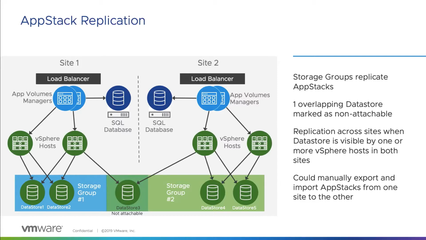When you make a change to any app stack on data store 1, that gets replicated to data store 3. The same data store 3 is also part of a storage group in site 2. If you change something in data store 4, the same change gets cascaded into data store 5 and data store 3. This way, any change you make in site 1 or site 2 gets replicated to data store 3, after which it replicates to the other site. This is how you replicate app stacks.